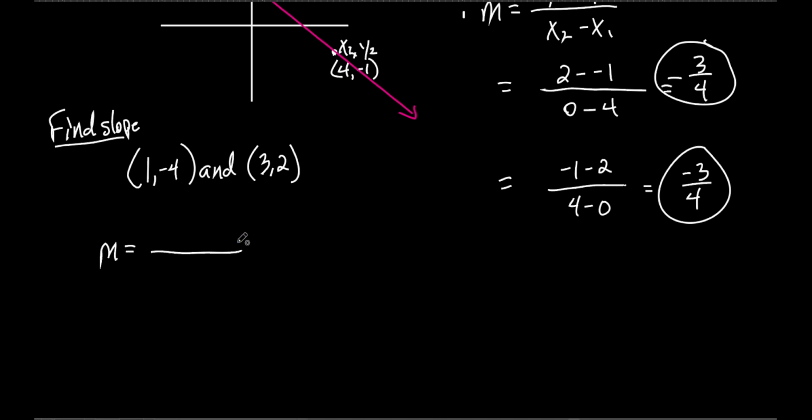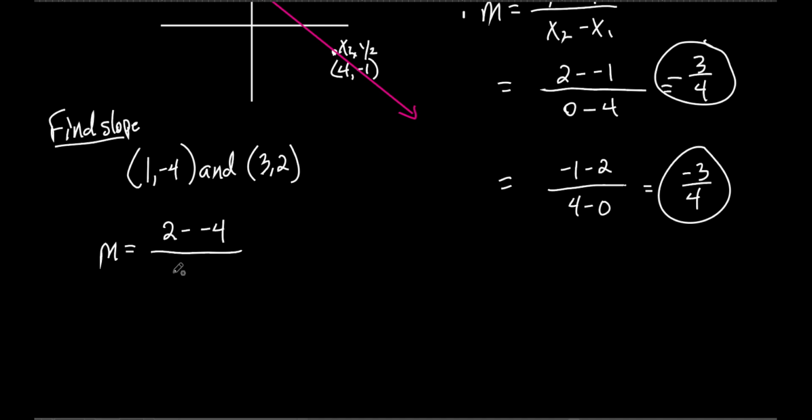I always start off with my little fraction and subtract the y's. It doesn't matter what order you subtract them in, as long as you subtract the x's and the y's in the same order. So what do you want to do? You want to go -4 minus 2 or 2 minus -4? Okay, 2 minus -4. Now, if I went that way, what do I have to do on the x's?